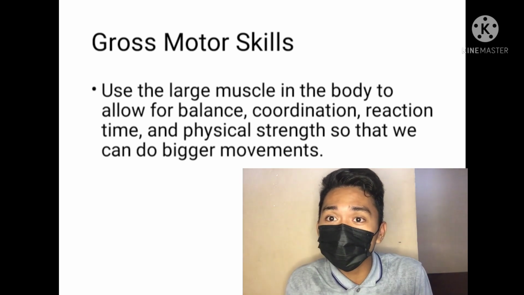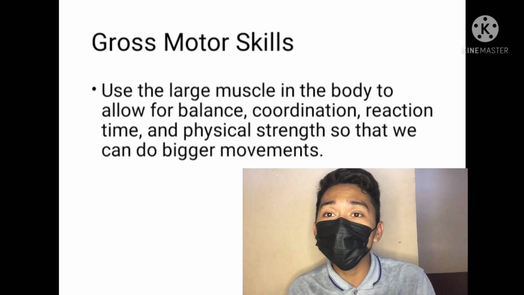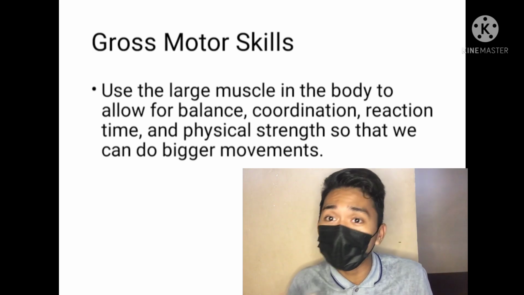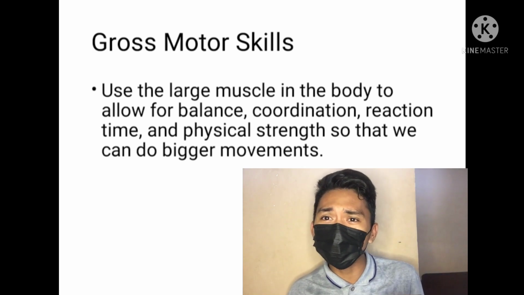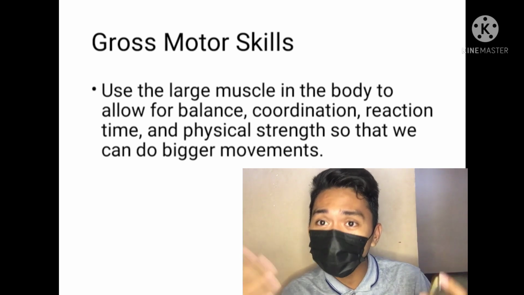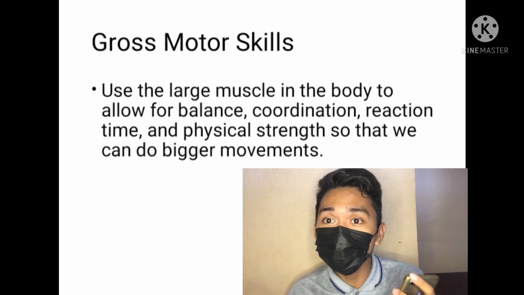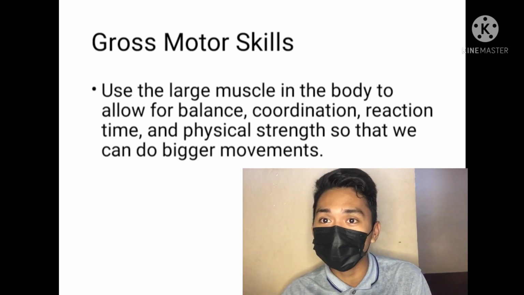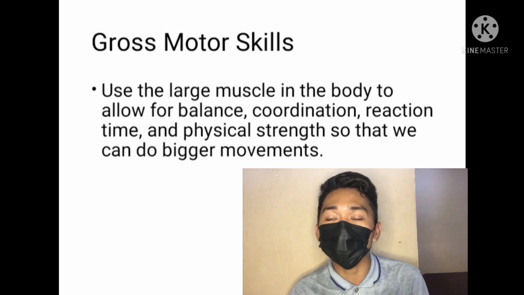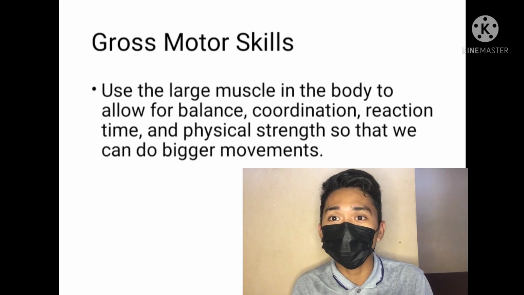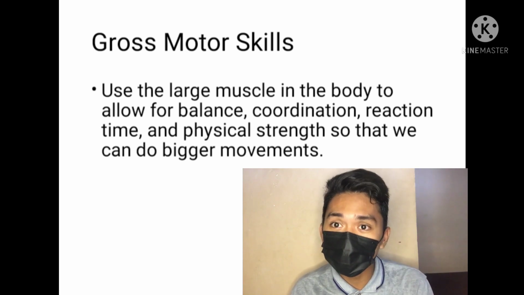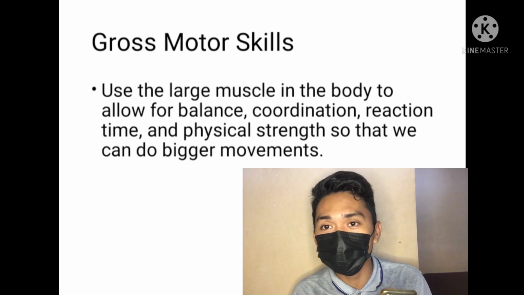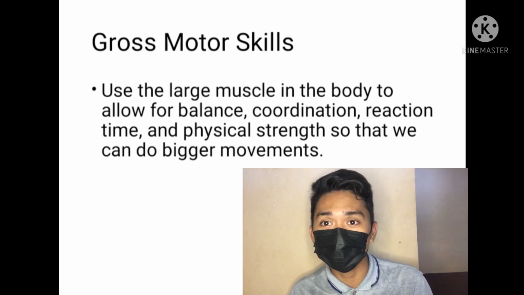Here in gross motor skills we use the large muscles, such as when playing volleyball. When we play volleyball, from head to toe, our muscles are moved. Our muscles are used to perform that particular skill or sport. Examples of gross motor skills are playing volleyball, basketball, soccer, and other sports that require large muscles.